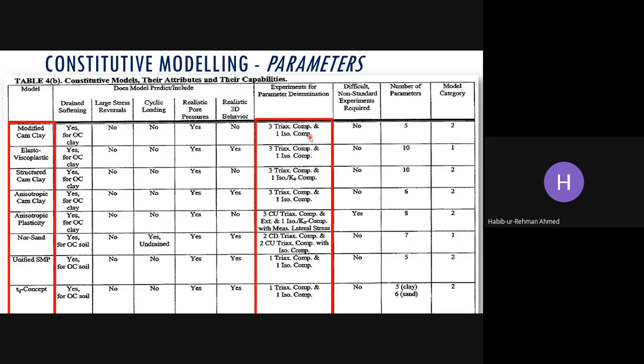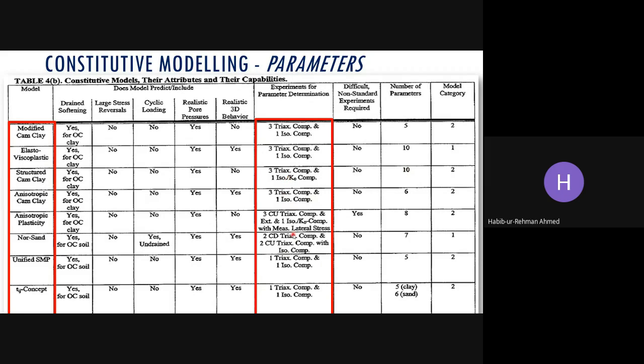So that will provide the total 5 parameters which I showed you before. Now, if I want to show you another one, for example, structured cam clay: 3 triaxial compressive strength and 1 iso or K0 compressive strength tests would be required, and there are 10 parameters which you will assess from these set of tests.